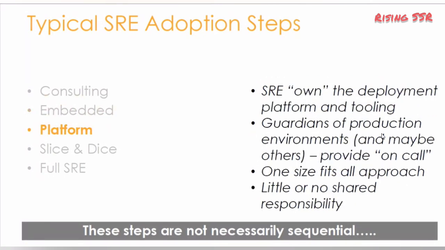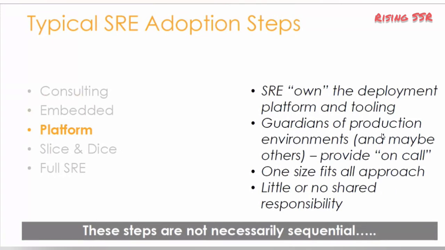They take care of the platform on which the application or suite of applications runs, along with typically owning the tooling stack used for SRE automation. Here the SRE team owns the production platform and sometimes the pre-production platform as well, and often provides first level support and on-call support for activities associated with either.